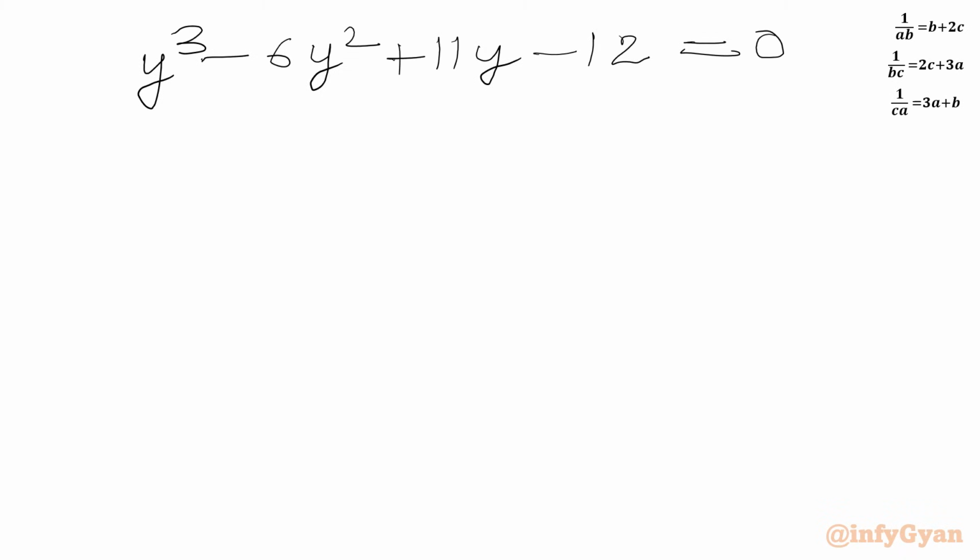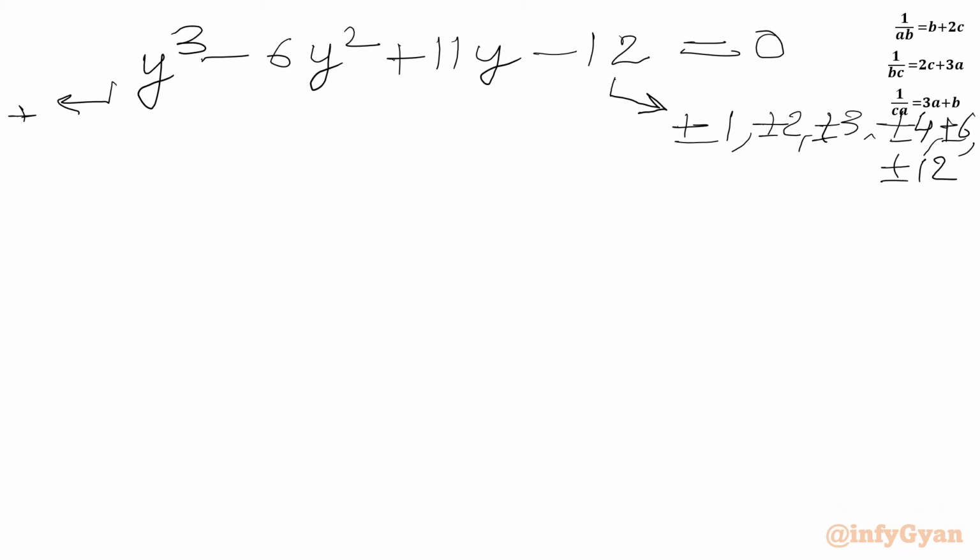Now I will use rational root theorem and synthetic division method. Let us find eligible factors of 12. So we will write here plus minus 1, plus minus 2, plus minus 3, plus minus 4, plus minus 6, plus minus 12. Leading coefficient is 1.